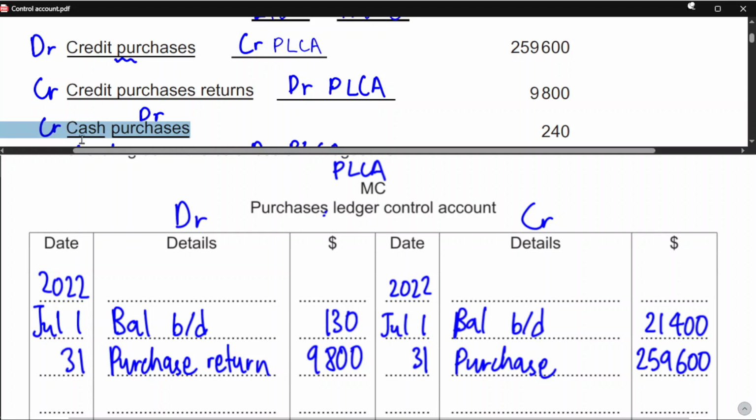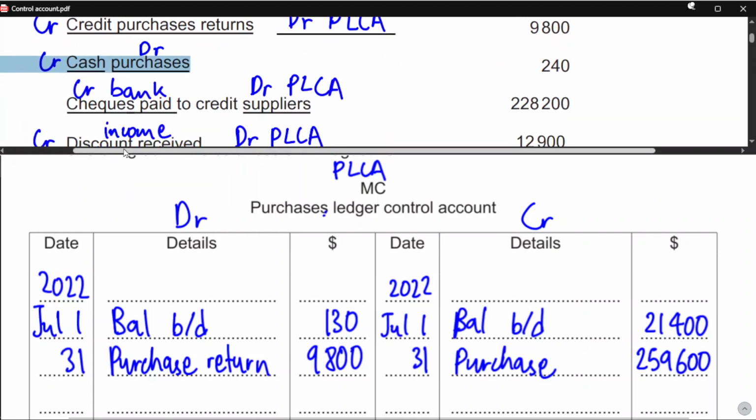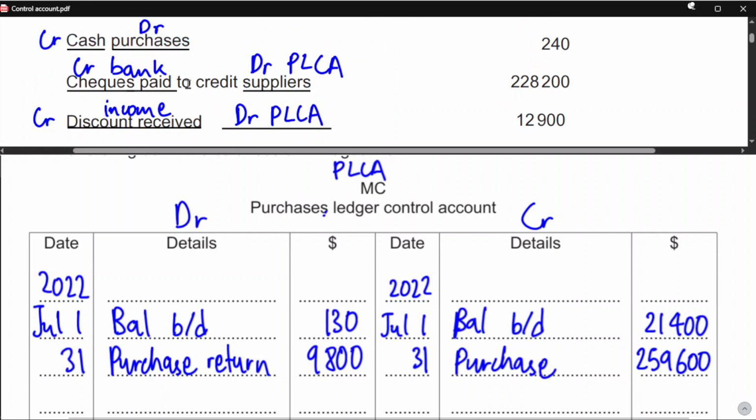Let's see the third item. It says cash and purchase. Cash is not PLCA, and then purchase is not PLCA. So don't include. Just ignore. Okay. Now go to next one.